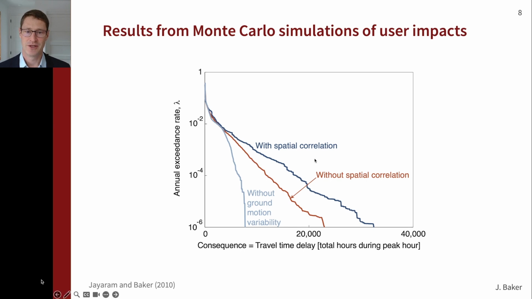When we do include the spatial correlation in that blue line, when we have strong ground motion at one location that damages a bridge, the surrounding locations are all also more likely to have strong ground shaking, and so the redundant paths are more likely to be damaged, meaning that we need longer paths around those damaged zones for the users trying to get through the area.